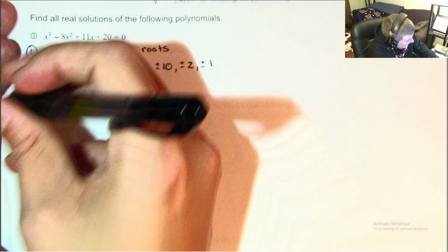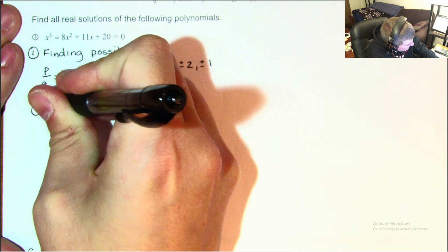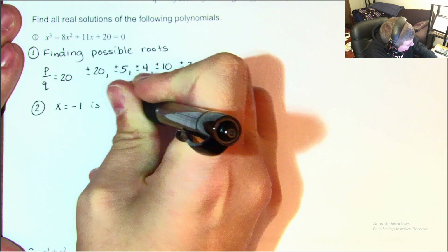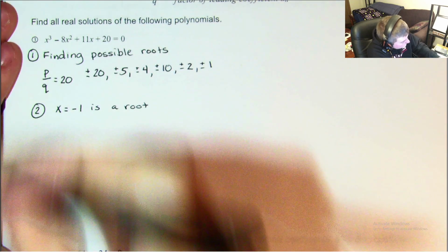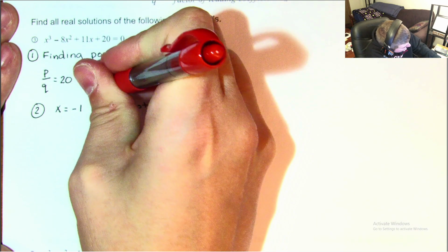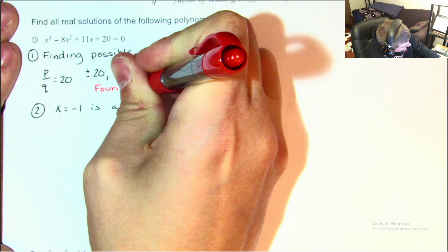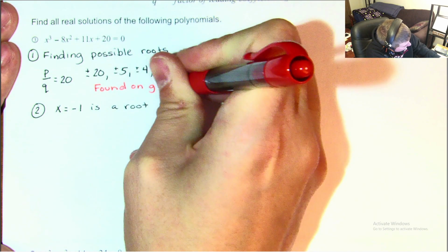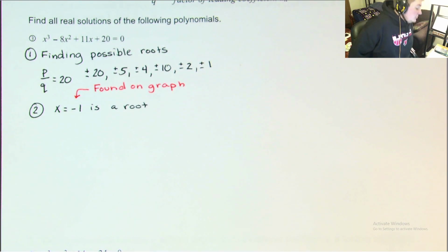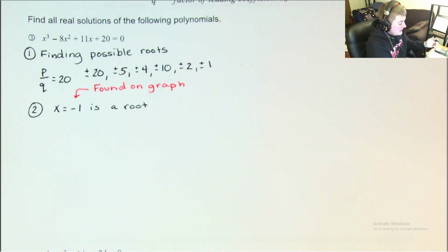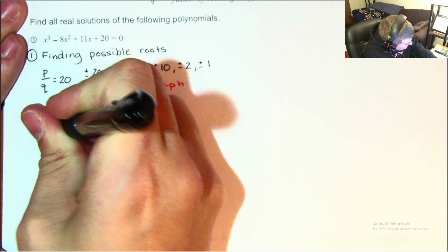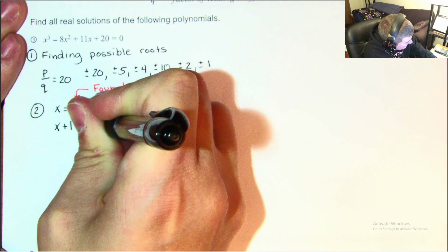Okay, so I am pretty sure that x equals -1 is a root, and this was found on our graph. Okay, now x equals -1 is a root. So since x equals -1 is a root, I believe that x plus 1 is a factor.